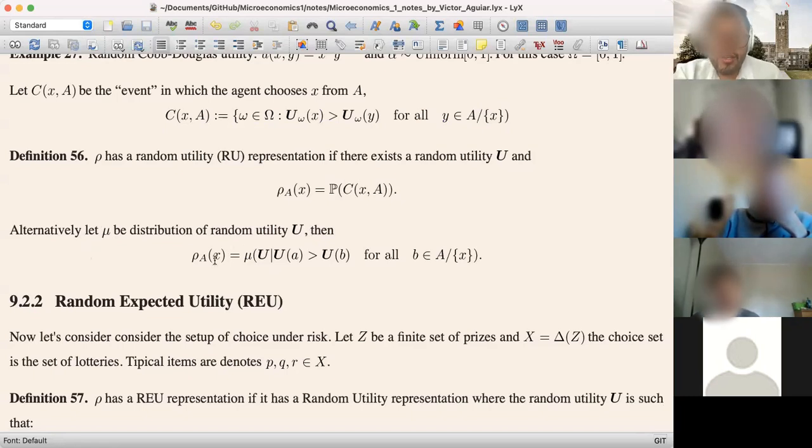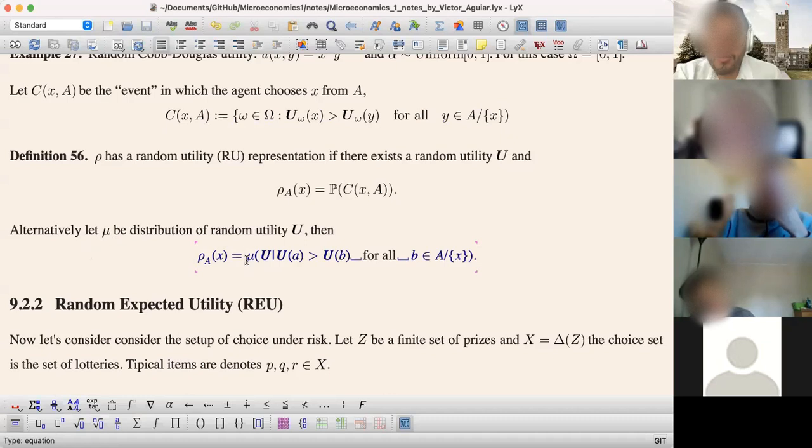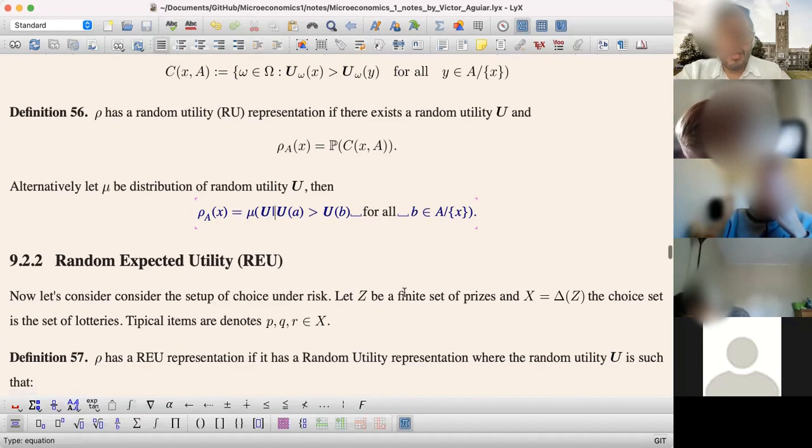And the distribution here is written using mu: the probability of x in menu A is equal to mu of random U, conditional on U(x) being greater than U(y) for all y in A. So this is an alternative description where I'm now thinking of mu as a random object, right? And there is a distribution here.